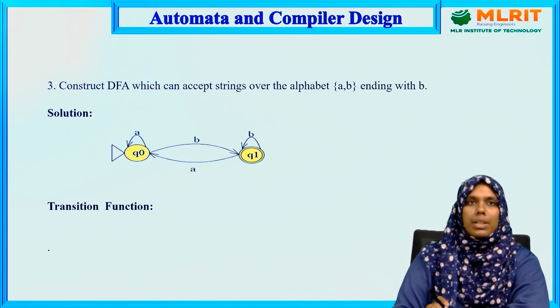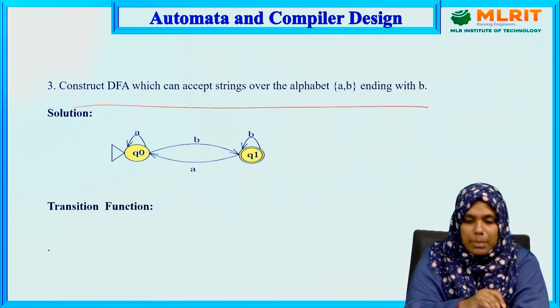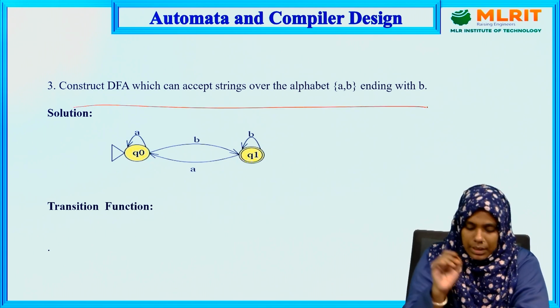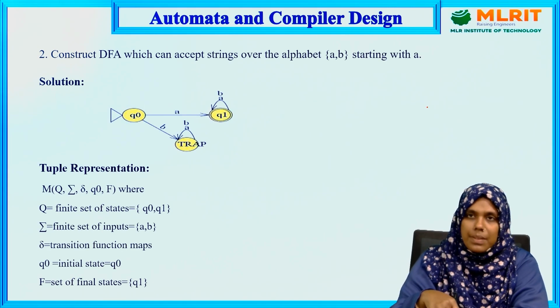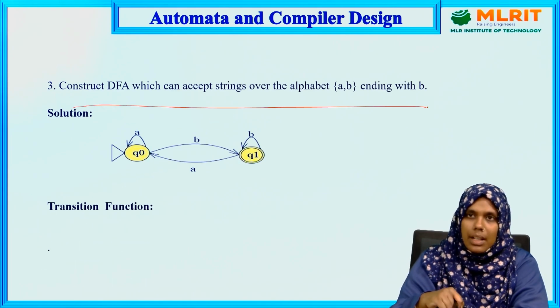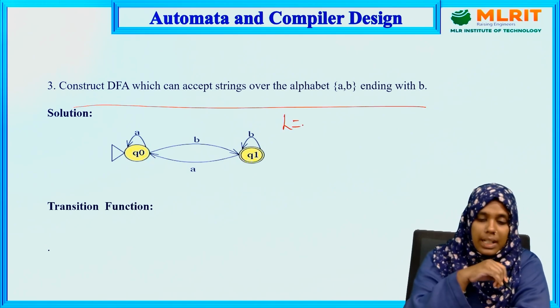The next example we are going to see: construct the DFA for accepting strings over the alphabet A, B ending with B. Previously we designed a DFA which starts with A. Here we are saying ends with B. Now, what can we write as the language for this, ending with B?